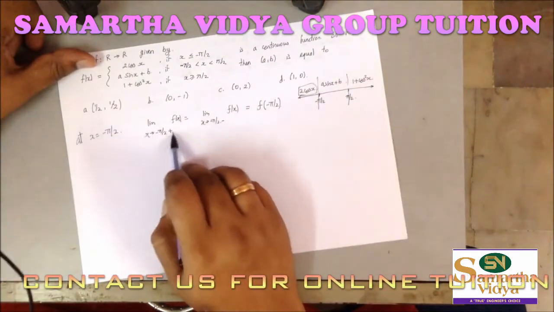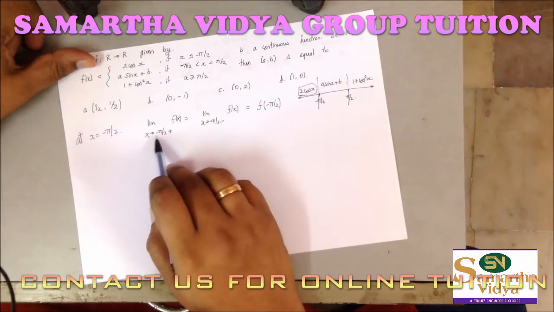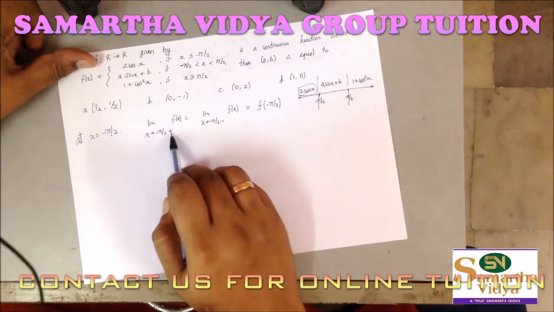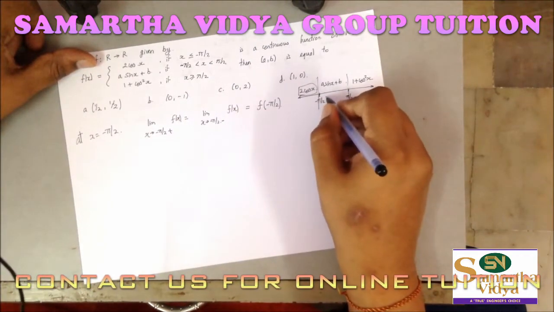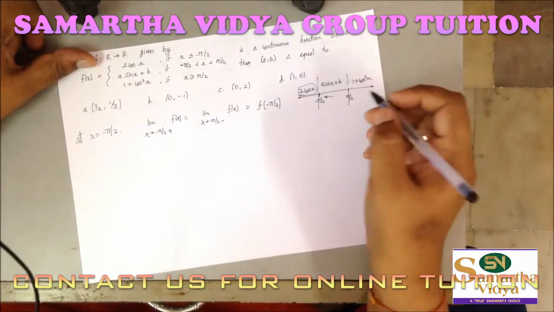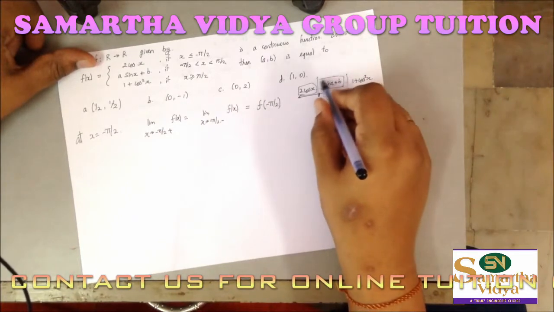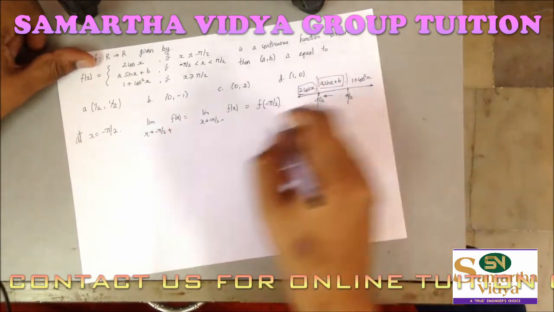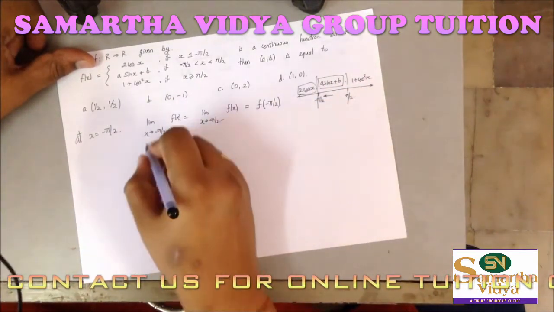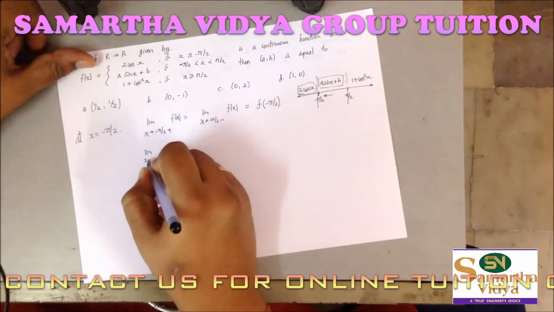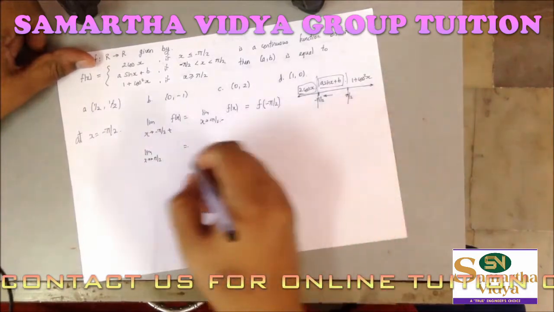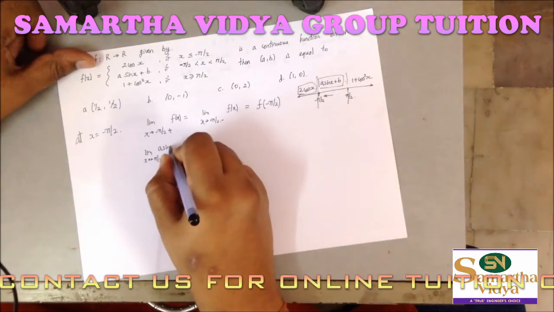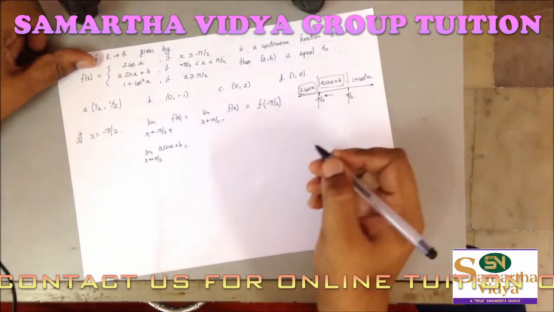Here let us try to understand the limit as x tends to minus pi by 2 from the positive end. You can see I am approaching minus pi by 2 from the positive end. The function on the positive end is this function. So the limit as x tends to minus pi by 2 of the function is a sin x plus b.